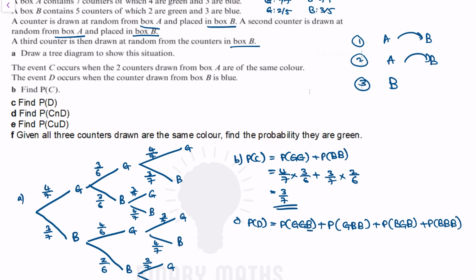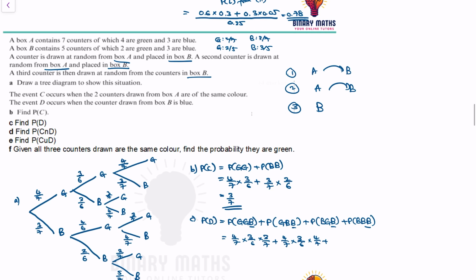So there's all the combinations where blue is right at the end, which is equal to 4/7 times 3/6 times 3/7 plus 4/7 times 3/6 times 4/7, so that's one combination, that's a second combination, plus 3/7 times 4/6 times 4/7, plus the last one is blue, blue, blue, 3/7 times 2/6 times 5/7.